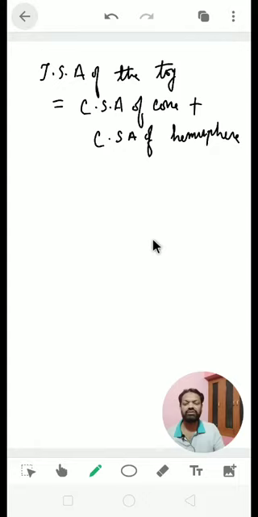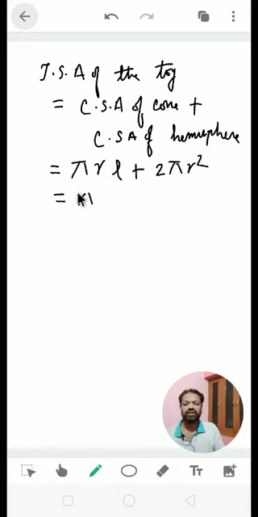These two surfaces make the TSA of the toy. So we have the data. CSA of cone is pi RL, and the CSA of hemisphere is 2 pi r square.